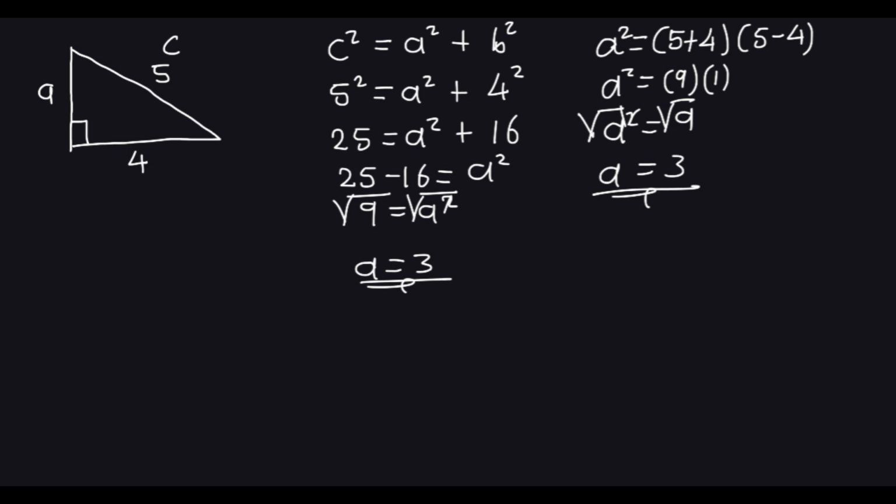Now let's also maybe, let's say this time we have, let's just change the numbers. So let's say here we have 3, then let's say we are looking for 4. We are solving for 4.